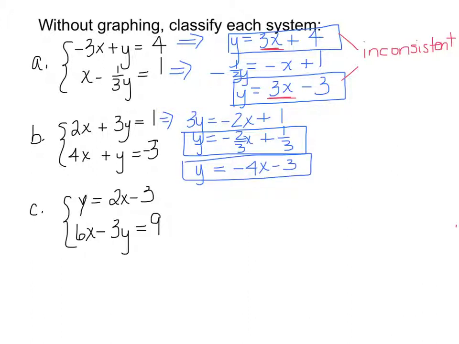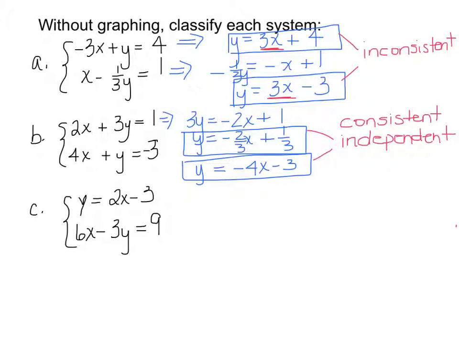If you notice, these two are totally different, which means they're going to intersect at some point. So this is independent. Consistent, independent system.